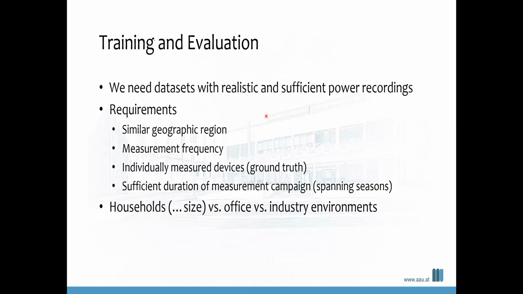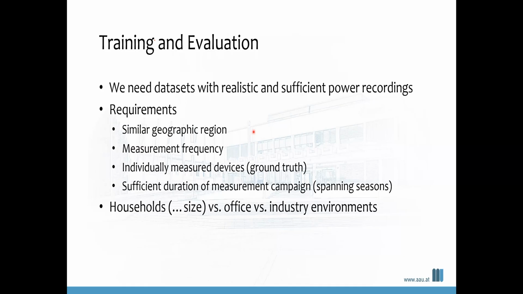So what else? I already talked about the issue that we need data sets. And of course, we need those data sets that have measured the particular devices because we need the information about the devices to have a ground truth. And of course, if we want to apply them, we would expect that the geographic region where the data set was taken is similar to the place where we want to disaggregate.